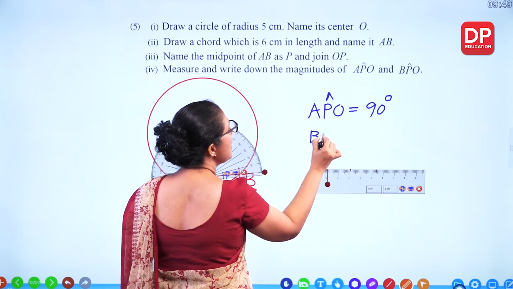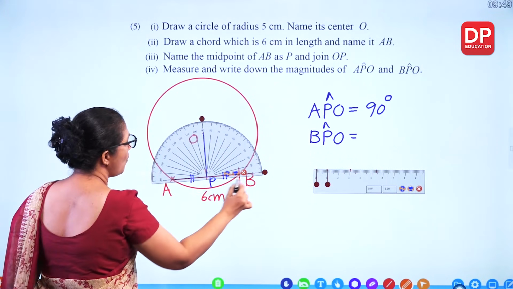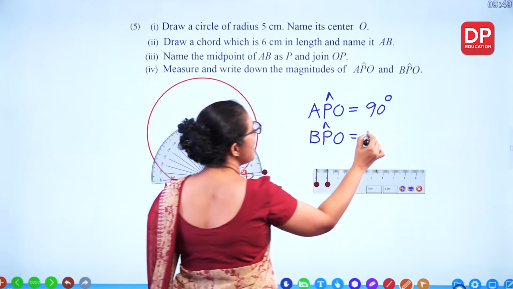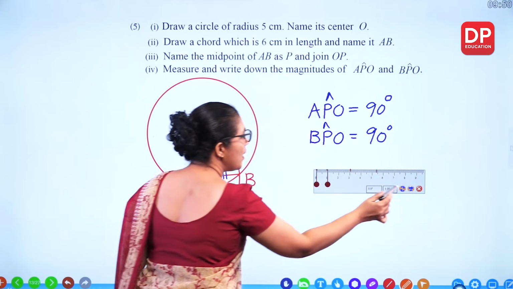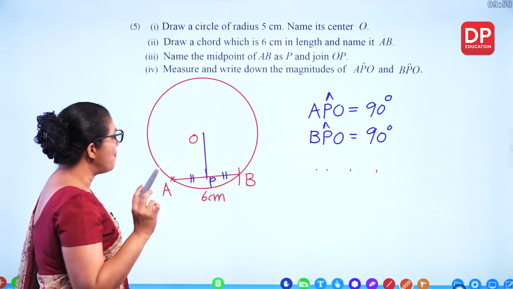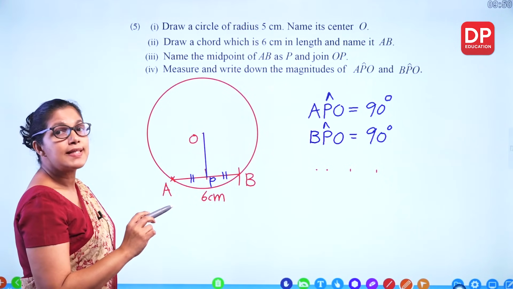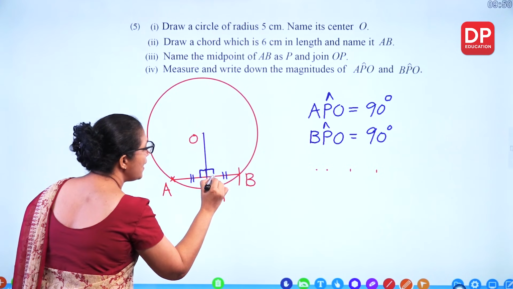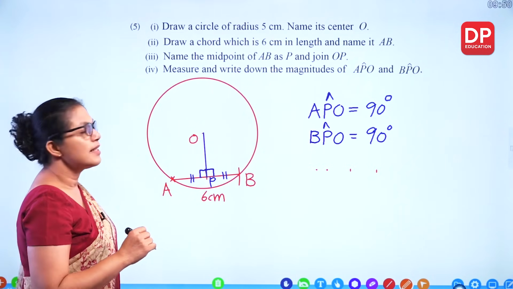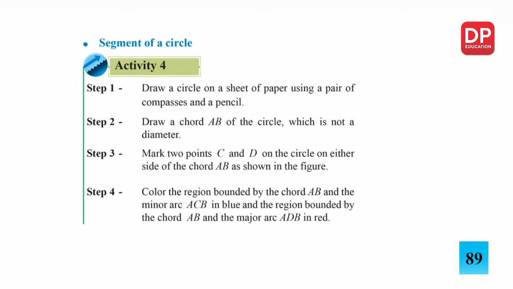And BPO is also 90 degrees. So that means when you connect the midpoint of any chord to the center, these two lines are perpendicular. You get 90-degree angles.